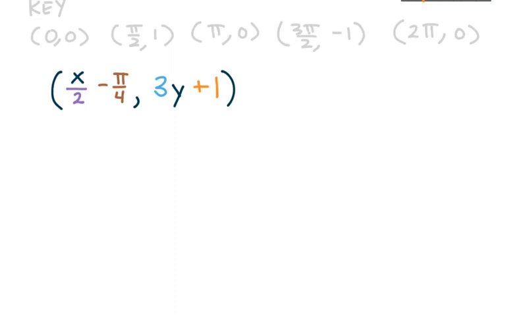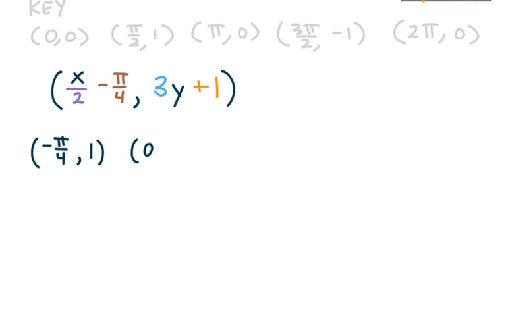So 0, I'm going to look at each point individually, each x and each y. 0 divided by 2 is 0, minus pi over 4 is negative pi over 4. 0 times 3 is 0 plus 1 is positive 1. So there's my first new point. Pi over 2 divided by 2 is pi over 4. Subtract pi over 4.